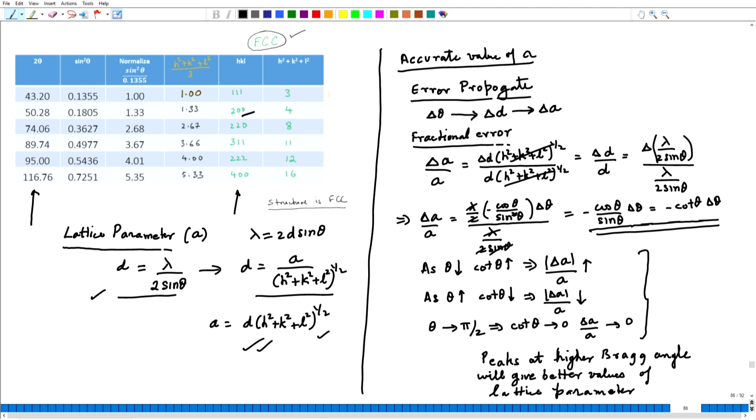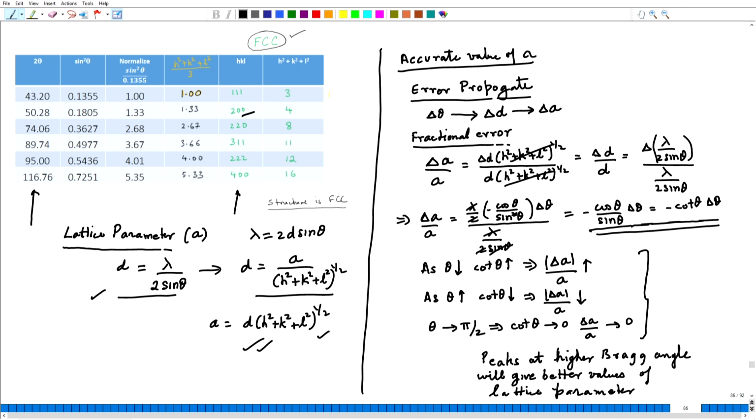So, one option is simply to take the highest angle peak and calculate a lattice parameter from there, but then you only have one single value. Can we still use all of the lattice parameter values that we have calculated from the individual peaks and get a good value for the lattice parameter? Well, there is a way out.